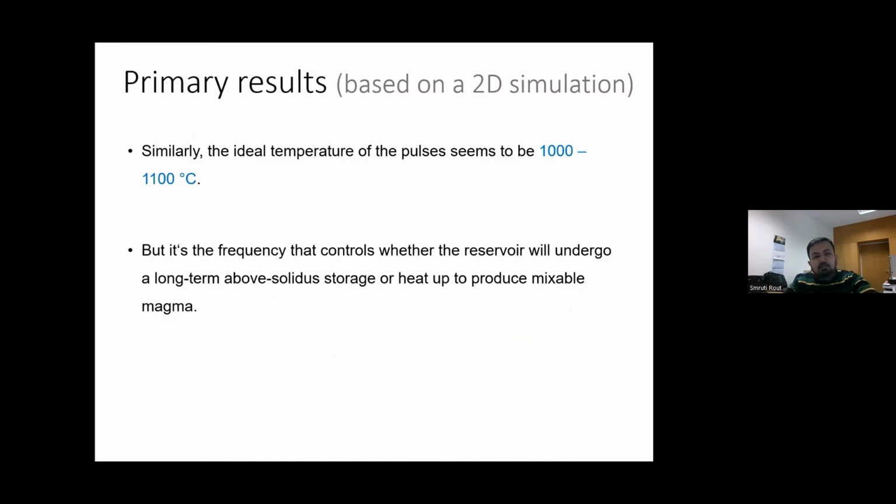And then apart from that, we also see that the ideal temperatures for the pulses seem to be between 1000 and 1100 degrees Celsius, which also matches well with what we see from the mineral thermometry.